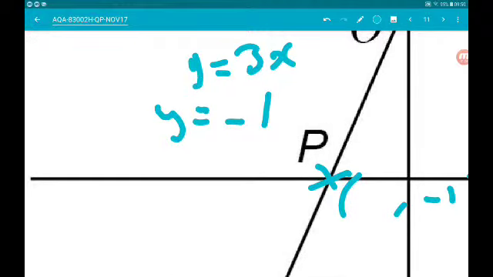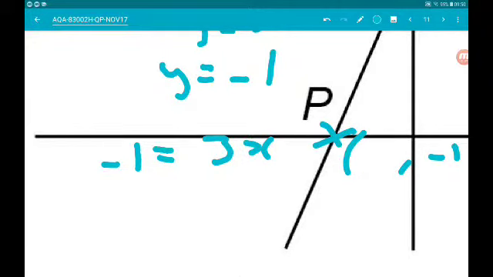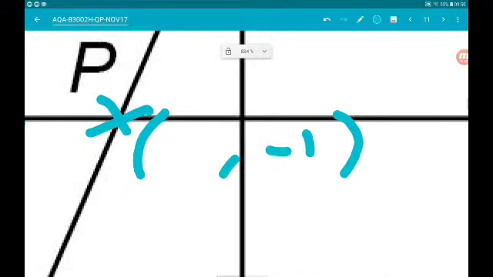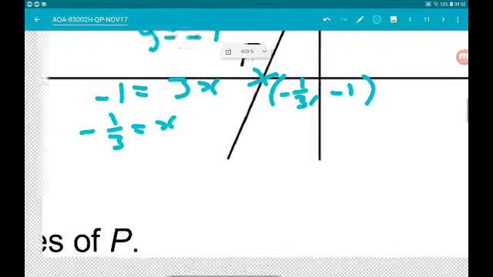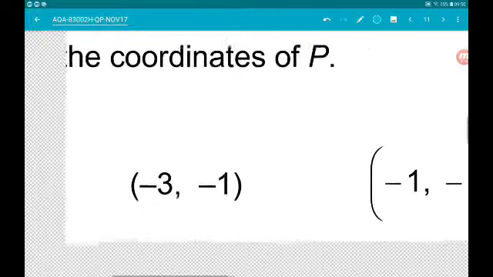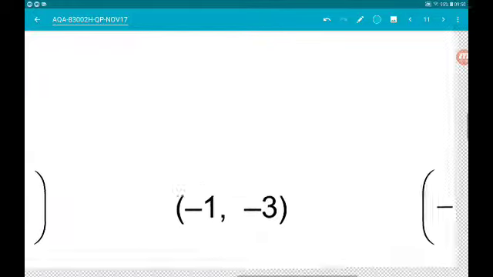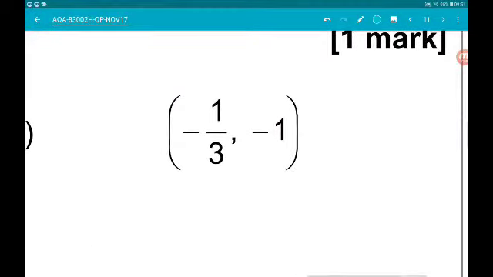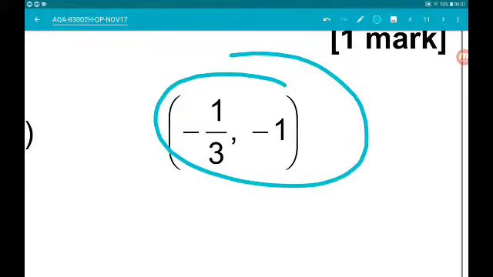So we can say minus 1 is equal to 3x. Dividing by 3 gives us minus a third is equal to x. That's it. That's our x coordinate. So the coordinates are minus a third, minus 1. Which is this guy.